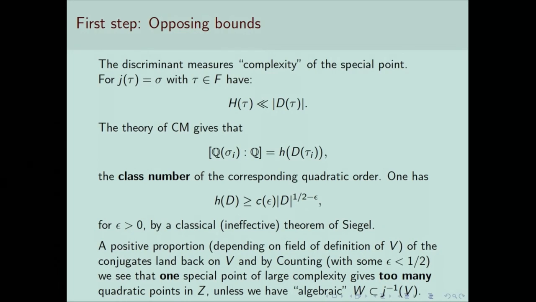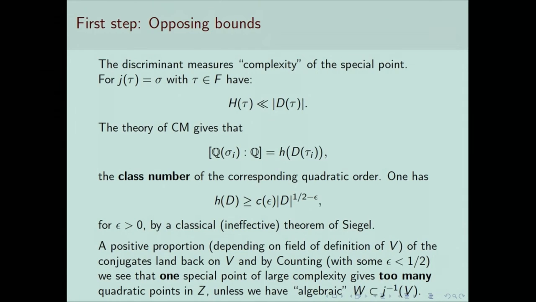On the other hand, the theory of CM, complex multiplication, tells you that the degree of sigma, the singular modulus, is equal to the class number of the order with that discriminant.